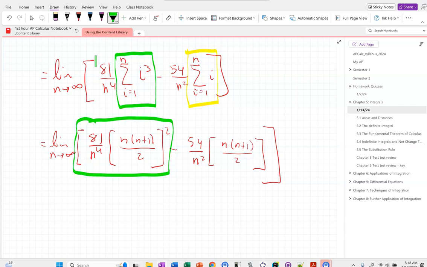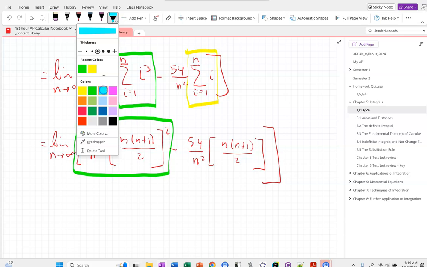What type of function is that whole thing that I've highlighted in green? You should recognize that as a rational function, right? It's just a polynomial over a polynomial. Everybody's okay with that?